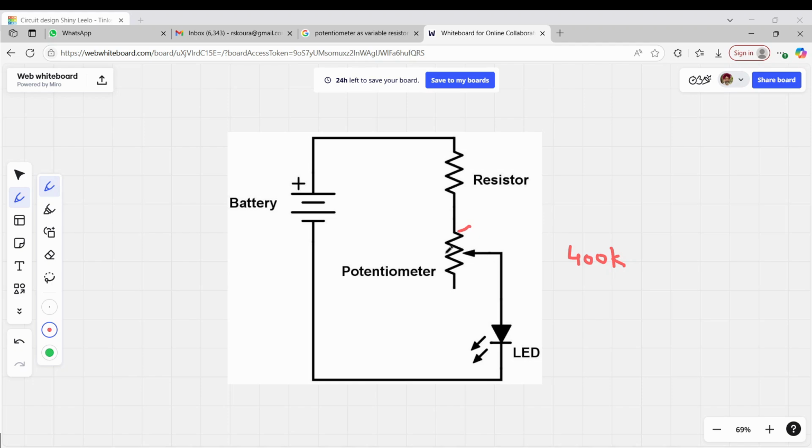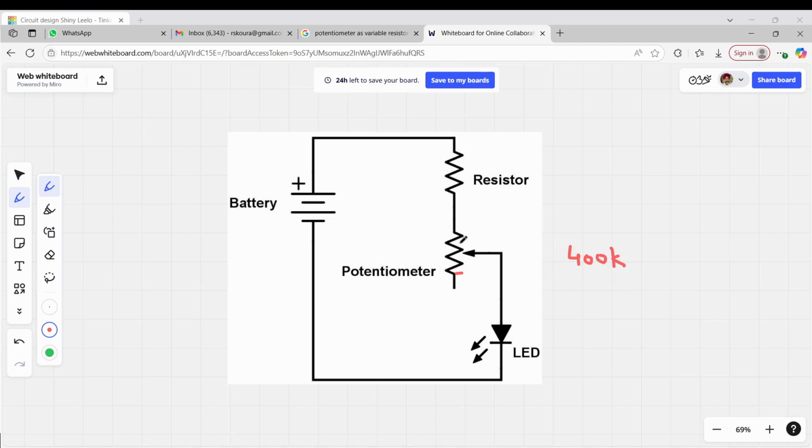If the wiper is at half point, because the whole resistance is 400K, it is going to be 200K. And if the wiper is here at the end, the total resistance is going to be 400K.